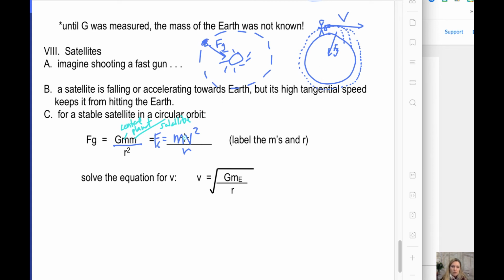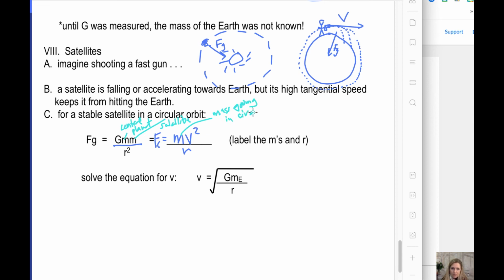And what about this m? Which m is this? We had trouble with this with our lab. What mass do we plug in here? If we're solving for how much centripetal force is necessary, didn't we say this is the mass that's going in a circle? Which mass is that?